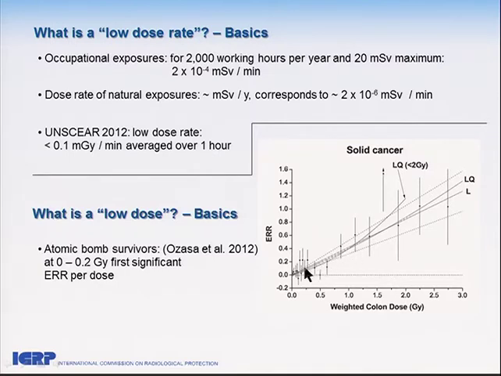And if you look at all solid cancers together, if you look at the dose response curve, then you understand, and this is written in the paper of Dr. Ozasa, that if you look at the dose range between 0 and 0.2 gray, then that's the first dose range where you can find a statistically significant excess relative risk per gray. And so UNSCEAR defines a low dose, a dose of less than 100 milligray, and we keep with this definition.